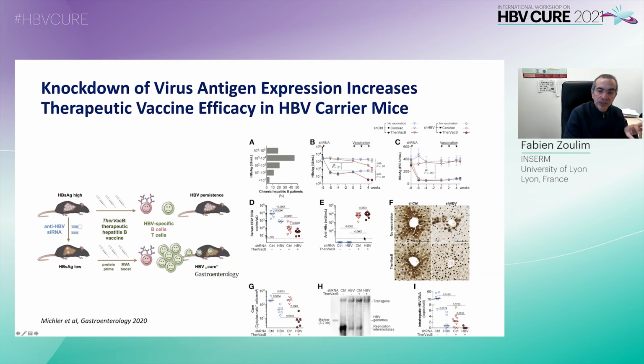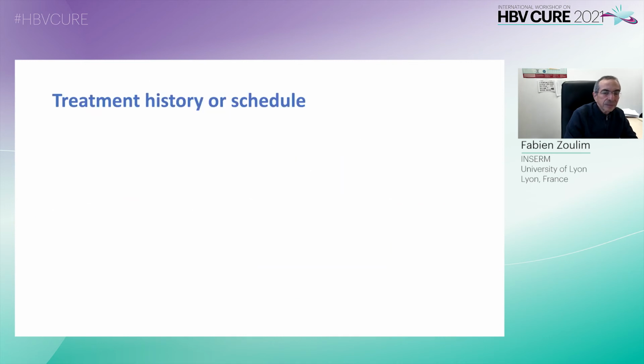It was shown that in that combination, the immune responses induced by the therapeutic vaccine were the best in terms of HBs antigen decline, HBV DNA decline, and anti-HBs seroconversion compared to a therapeutic vaccine alone. So this patient population, young age, would be the best fit for this type of combination.